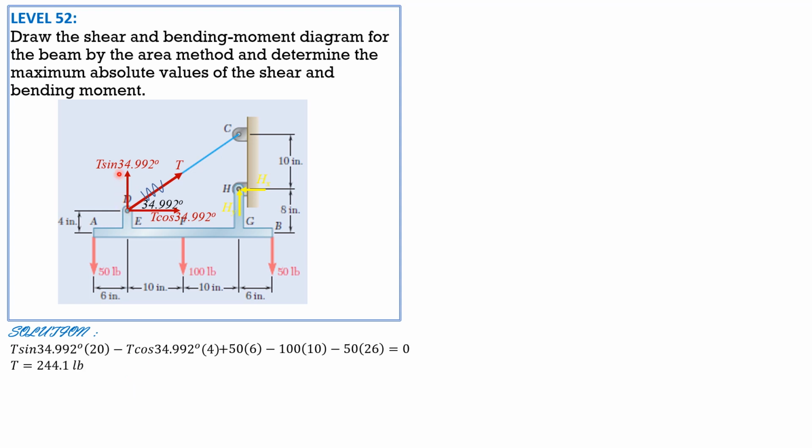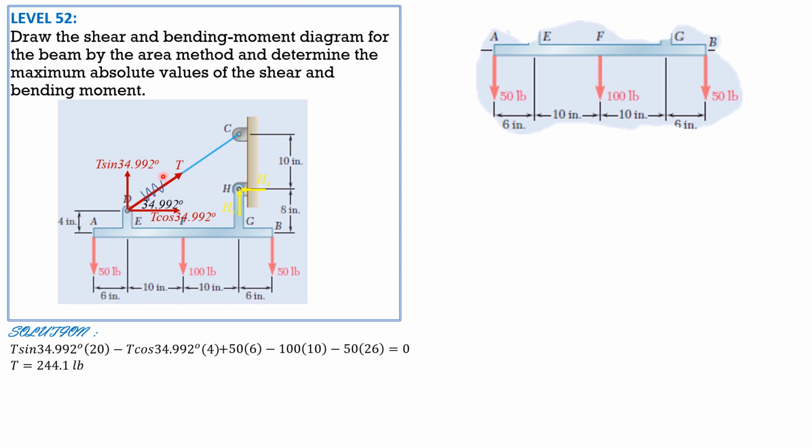Then 244.1 pounds sine of 34.992, we convert that into the figure shown. 244.1 sine of 34.992 degrees is 140 pounds. Then this force is 244.1 cosine 34.992, it's 200 pounds.